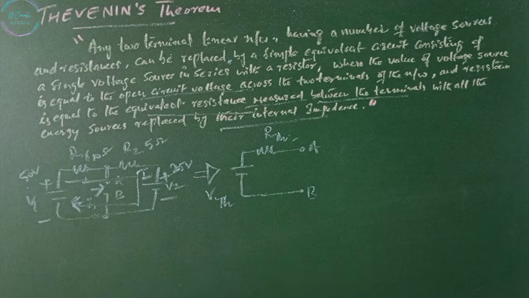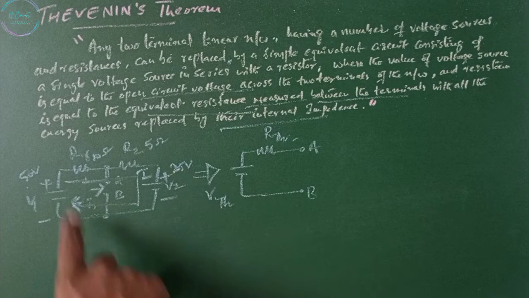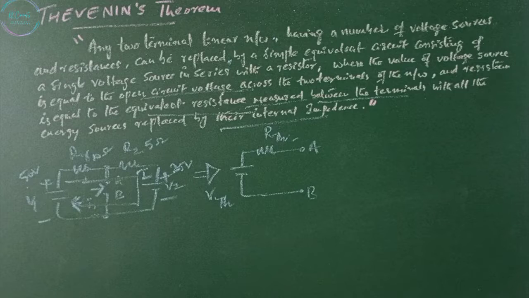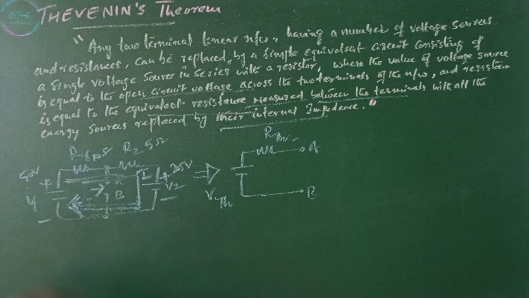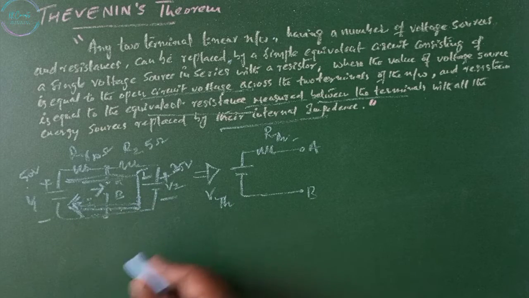now I am given numerical values to find the Thevenin's network having the Thevenin's voltage VTH and Thevenin's resistance RTH. So V1 is 50 volts, V2 is 25 volts, R1 is 10 ohms, R2 is 5 ohms. We need to find out the resistance between the terminals A and B. Now I am assuming a current I1 through the loop, then applying KVL.